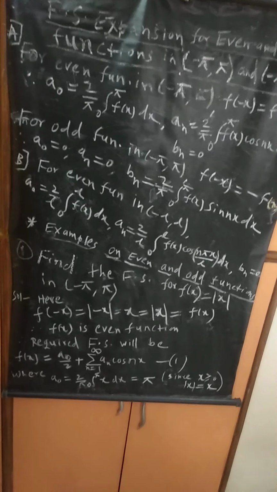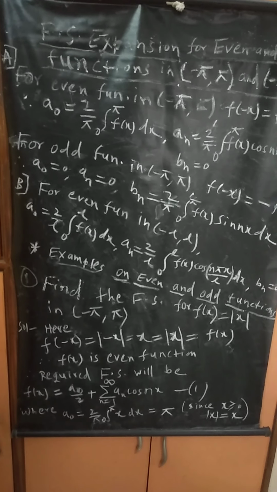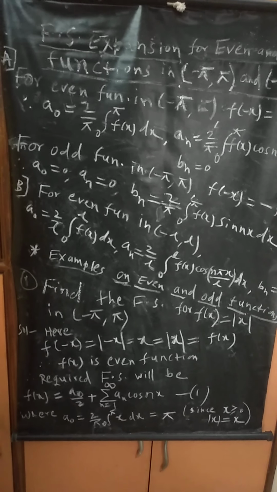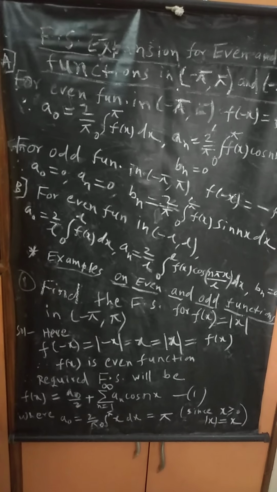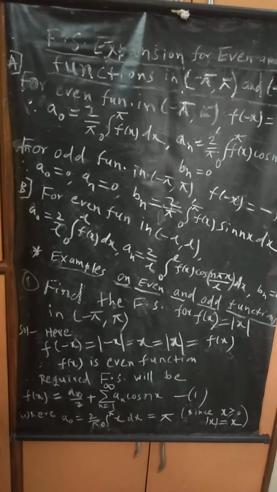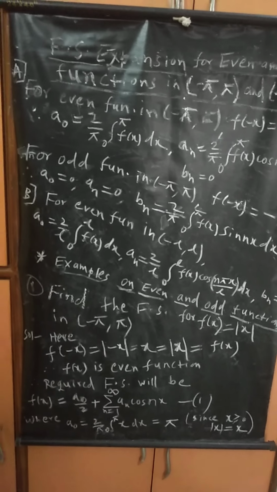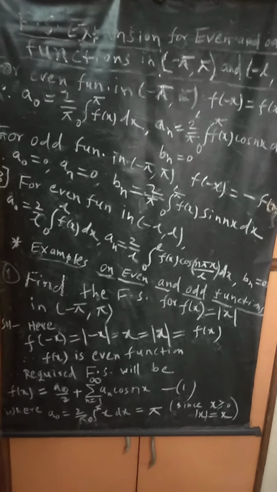for the given function, as f(x) = a0/2 + summation n from 1 to infinity a_n cos nx, that is equation 1, where a0 is equal to, what is a0? 2/pi integral 0 to pi x dx. Why do we take x?